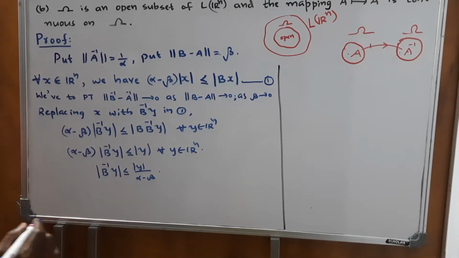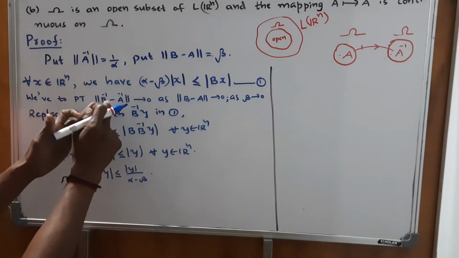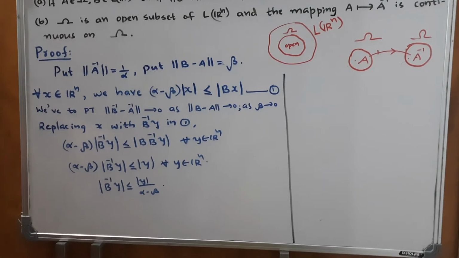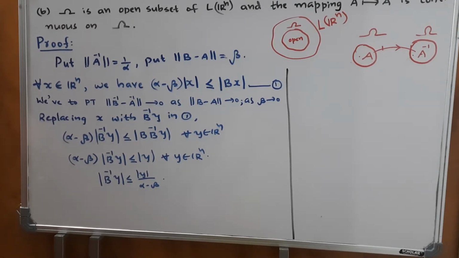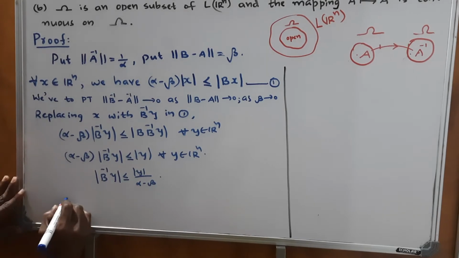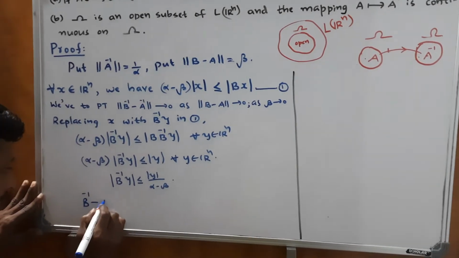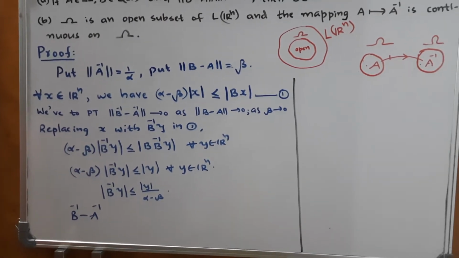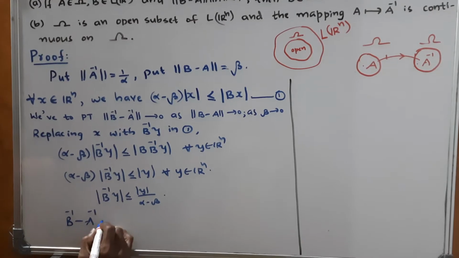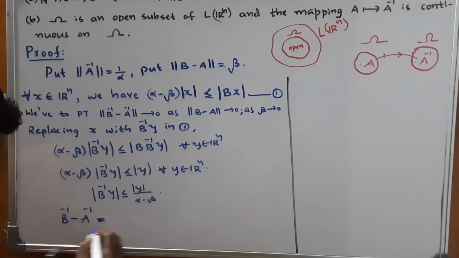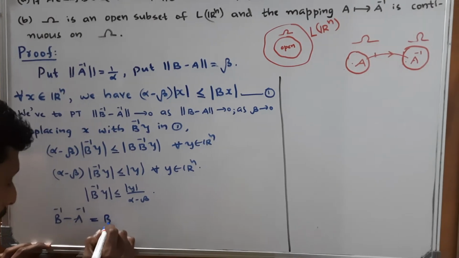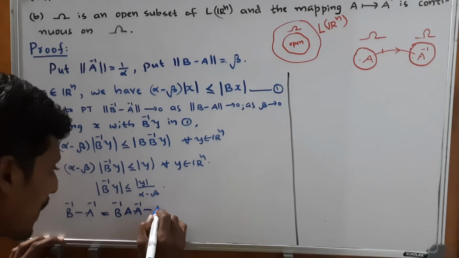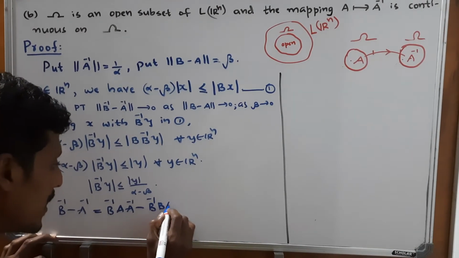Now we will calculate what norm of B inverse minus A inverse is. We have B inverse minus A inverse. I can write this as B inverse A inverse minus B inverse B A inverse.